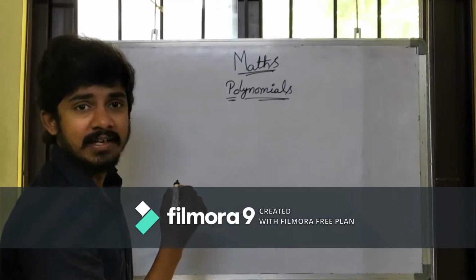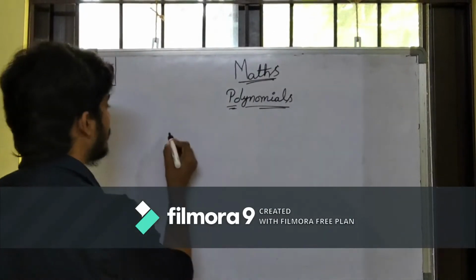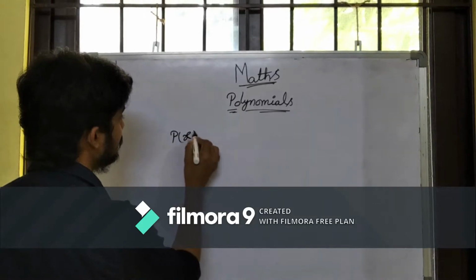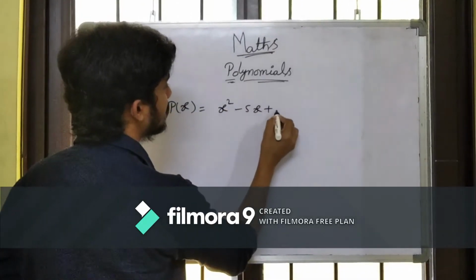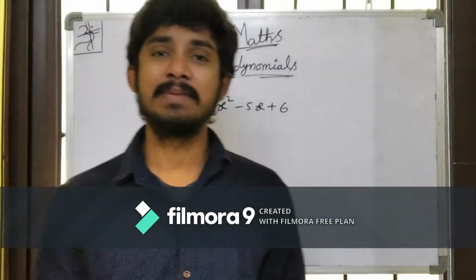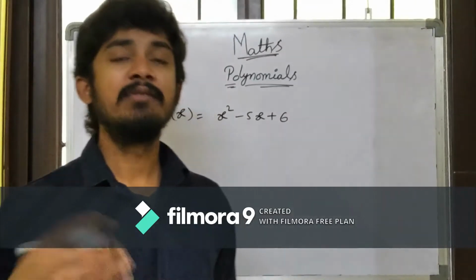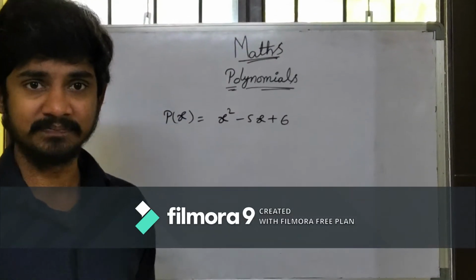Suppose we consider a polynomial, an example of a polynomial: p of x equals x square minus 5x plus 6. Take one example of a polynomial, x square minus 5x plus 6.